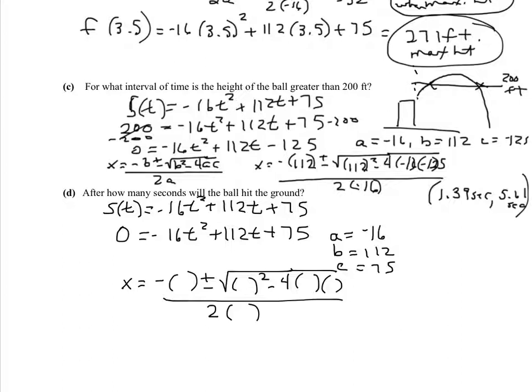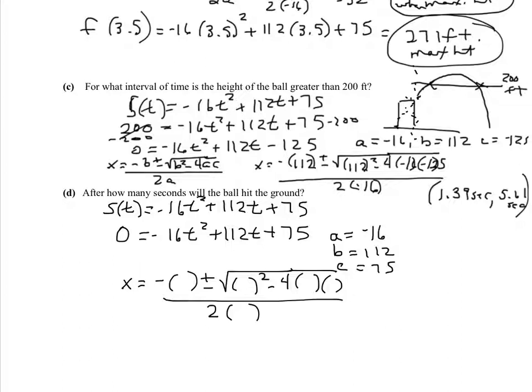That means when time was 0, we were at the top of this building. If you were to continue this parabola on, you would be looking at a negative time because the ball would have been on the ground before it went up 75 feet if you extend the graph of the parabola. So that means when we get a negative answer, we're not going to use it. Negative doesn't make sense for time.